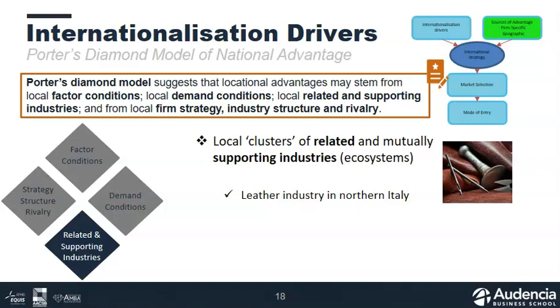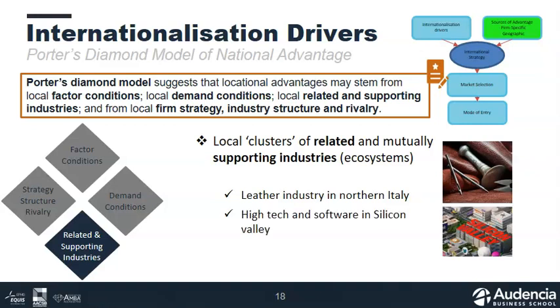We see a whole bunch of different markets, different micro-industries established around the leather industry in northern Italy. And by having a shoe production or leather couch production in northern Italy, you actually have an advantage because there's a lot of know-how and resources clustered in northern Italy.